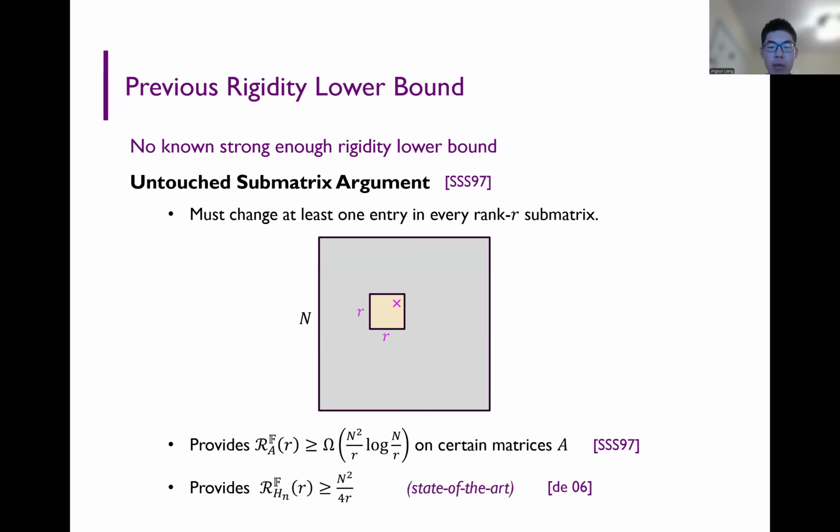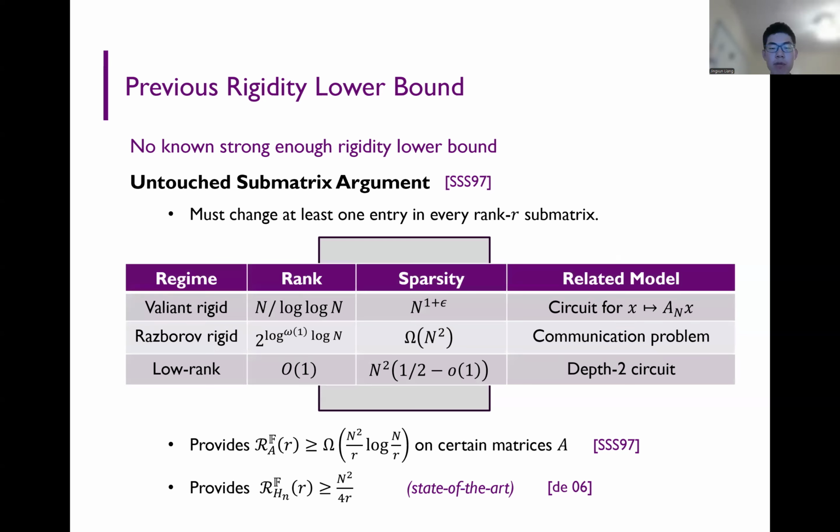And for Walsh-Hadamard matrices, it is a little bit worse, as not all the R by R submatrices of it are full rank. But we can still use this type of argument to prove a lower bound of n squared over 4R, which is also the state-of-the-art rigidity lower bound for Walsh-Hadamard matrices. Compared to the requirements of the previous reductions, this lower bound is still far away by a factor of at least quasi-polylog to obtain Valiant or Razborov rigidity.